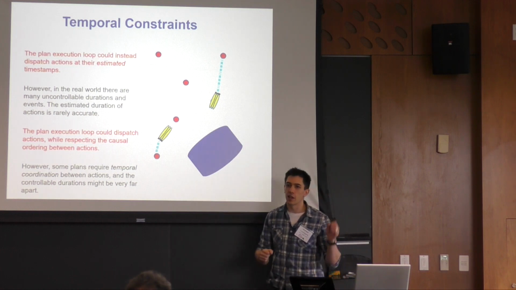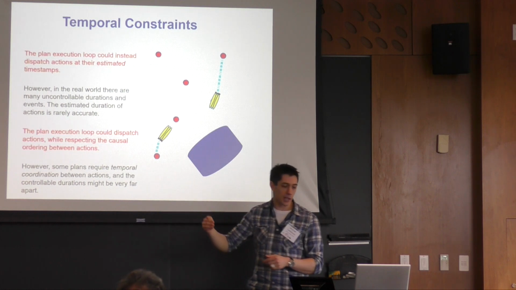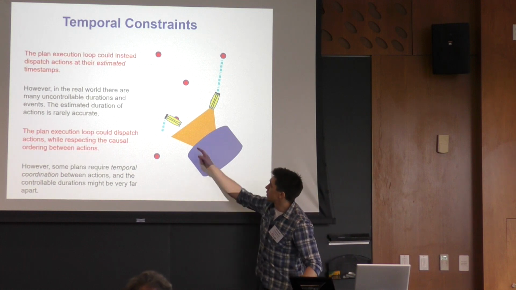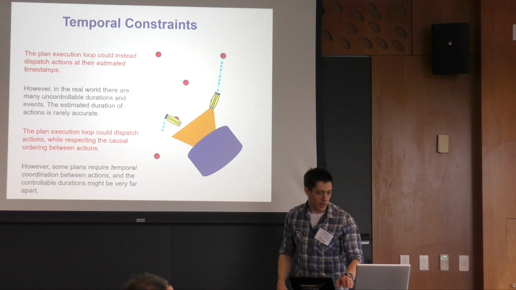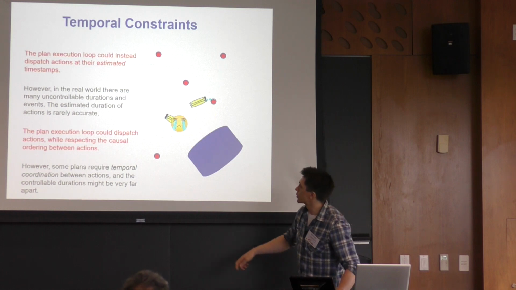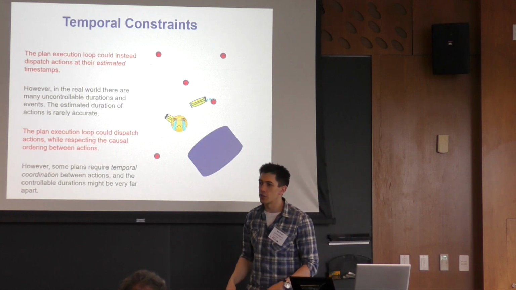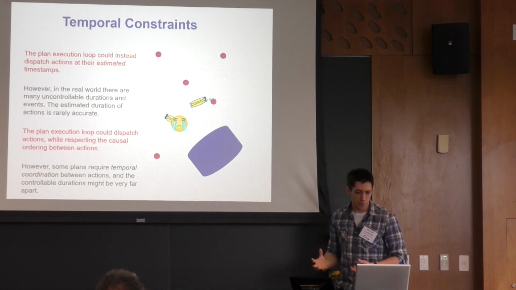One of the AUV has a light to shine on the structure, while the other AUV takes pictures at an angle to avoid backscatter. As this AUV hasn't reached its position yet, and this one's still illuminating, by the time this one starts to take pictures, this one's already finished illuminating and is moving off towards the next waypoint, and all the pictures that you end up with are completely dark.